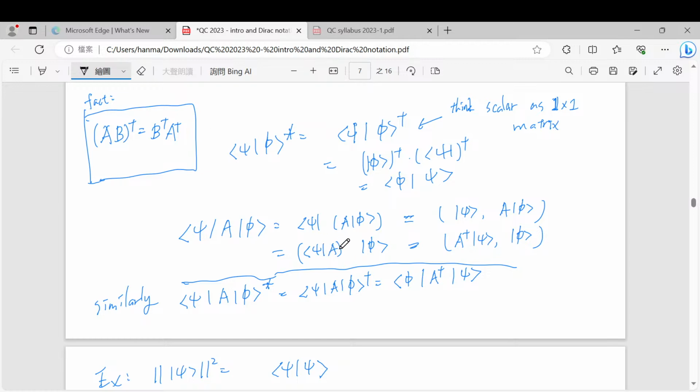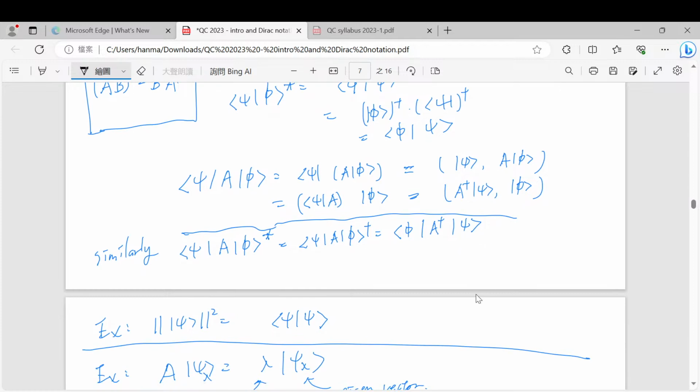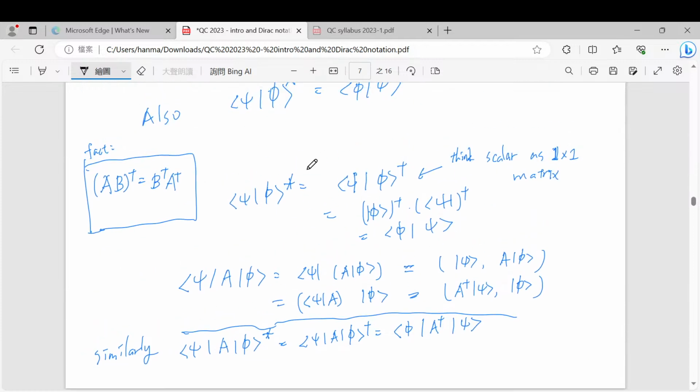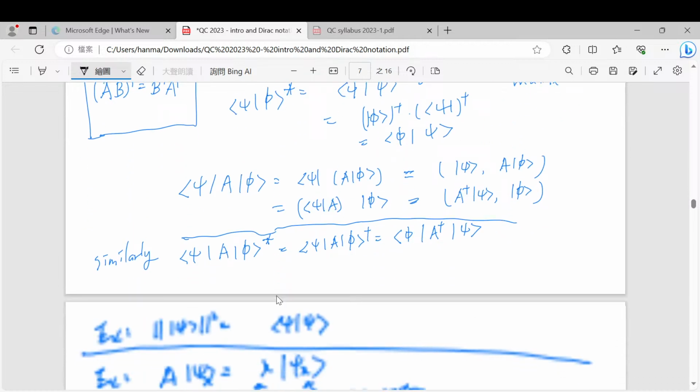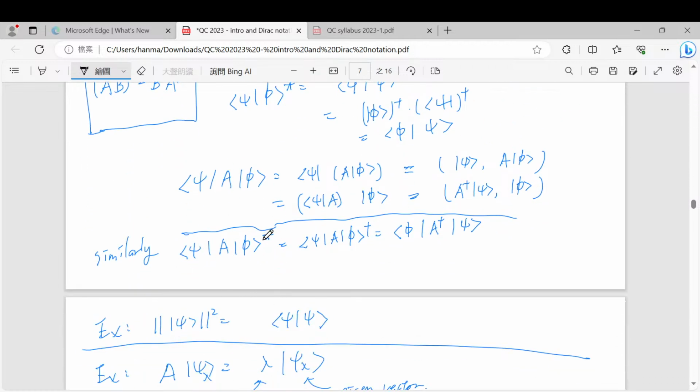So that's A dagger, and dagger on psi bra, so that's just psi ket. And just like the thing we derived here, you take the star of this scalar, and then the dagger of it, and then you just swap the order of everything, so phi ket becomes phi bra, A becomes A dagger, and psi bra becomes psi ket.